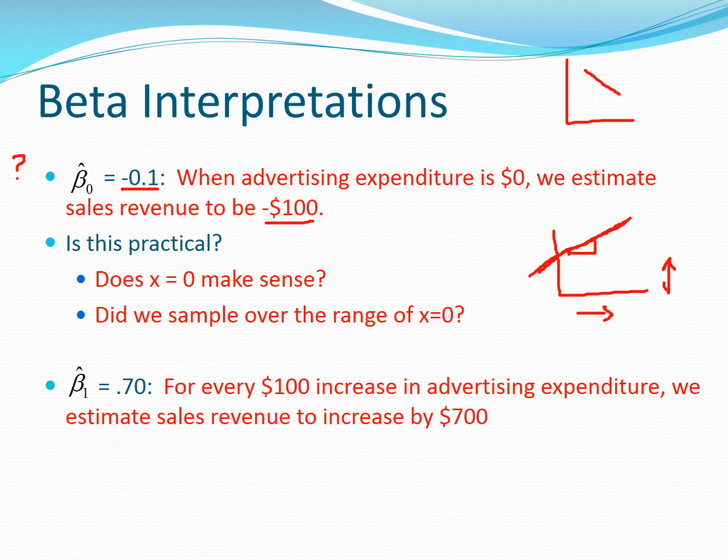And so what we'll say is for every 1 unit increase in x, that's the run, this is what we expect to happen to y. For every 1 unit increase, well, we're talking about $100 here. For every 1 inch increase in dad's height, that's how I would do it in that other example. For every 1 unit increase, $100 increase in advertising expenditure, we expect sales revenue y to increase, because this is a positive number, by $700.